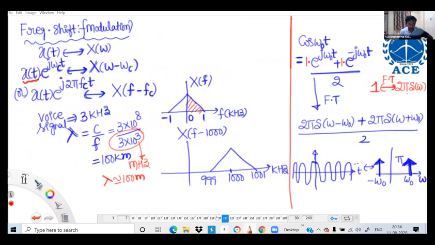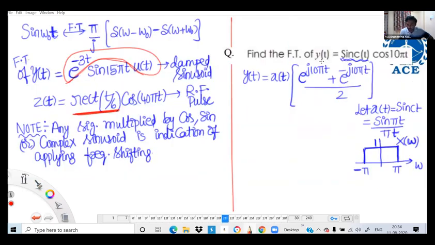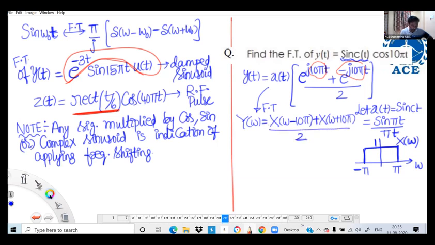From our previous slide, it is looking like x of t e power j omega c t form or not, sir? First time what is omega c? Plus 10 pi. Next time what is omega c? Minus 10 pi. So if I take the Fourier transform here, Y of omega equals X of omega minus 10 pi plus X of omega plus 10 pi, whole divided by 2.